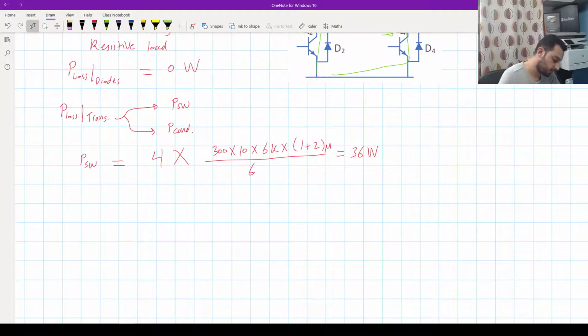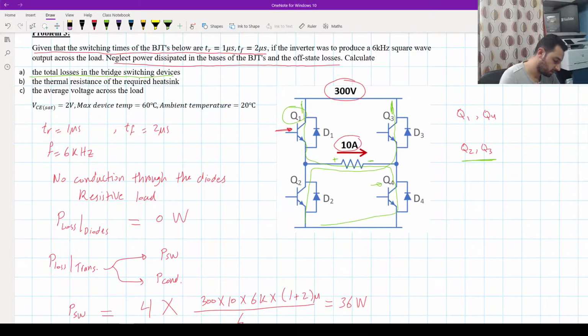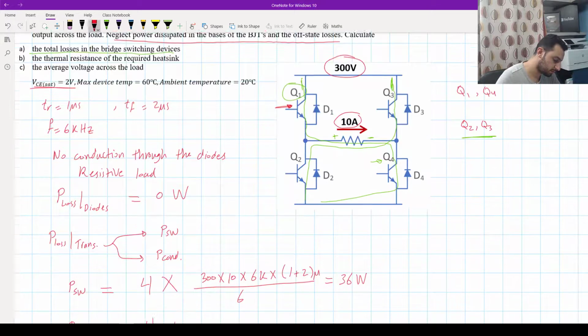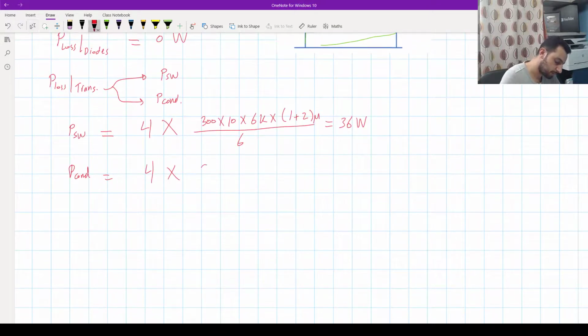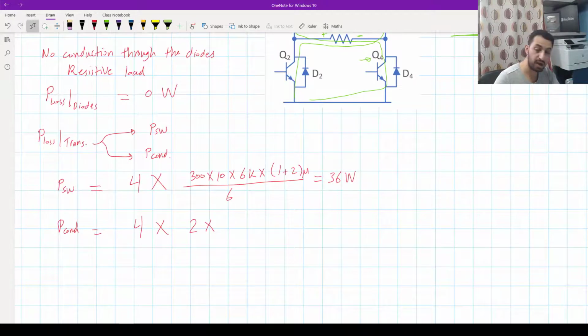Okay, now for the conduction losses, we have also 4 times. For each one, we have the VCE sat, which is the 2 volt here. So 2 volt times the I average. What is the I average for each transistor?